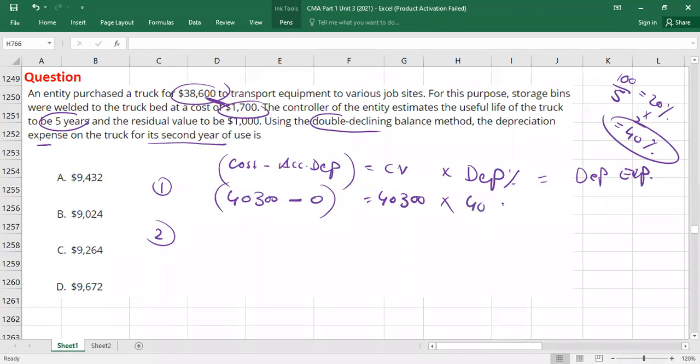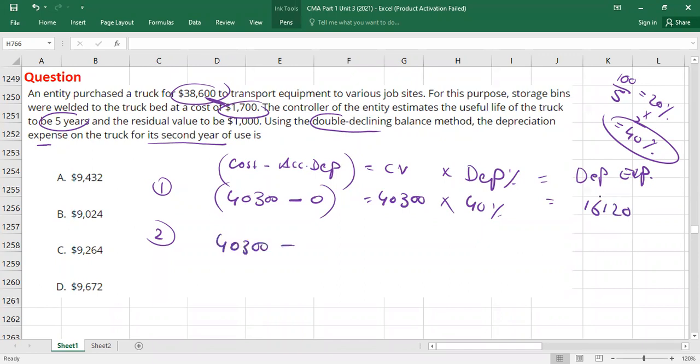So times 40%. Can you tell me what's the first year depreciation? It is 40,300 times 40%. How much? 16,120. Next, what will happen? Cost is the same.